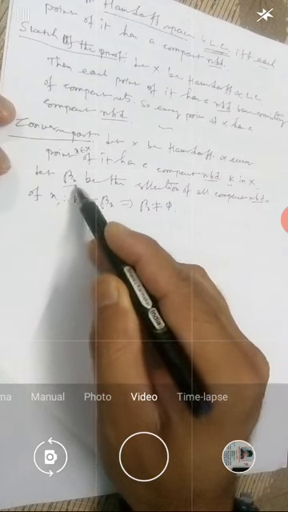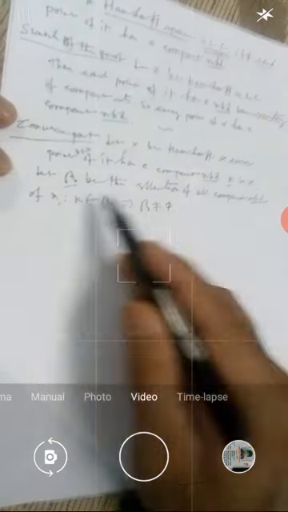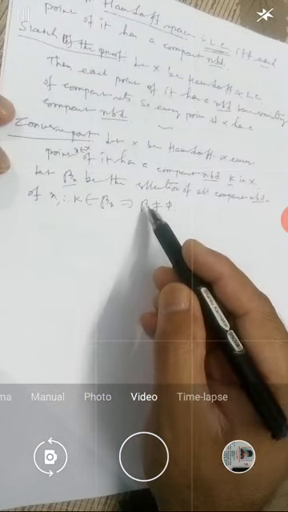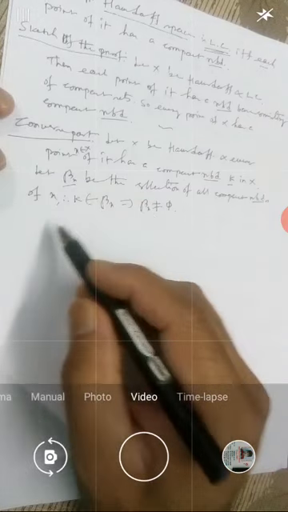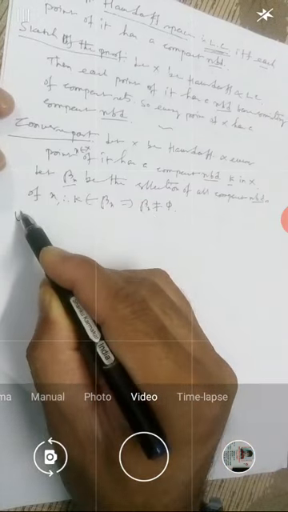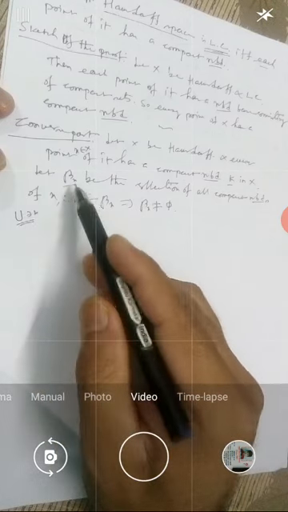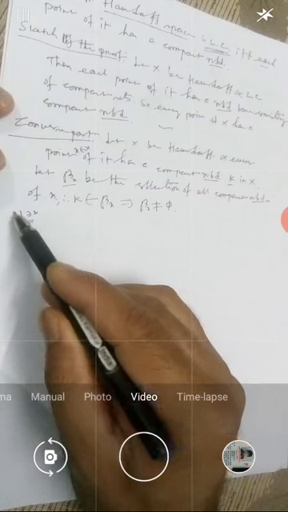So this beta x consists of compact sets by this construction. What does it mean? We will take any neighborhood U of x, and we will find a member in beta x which is totally contained in U.